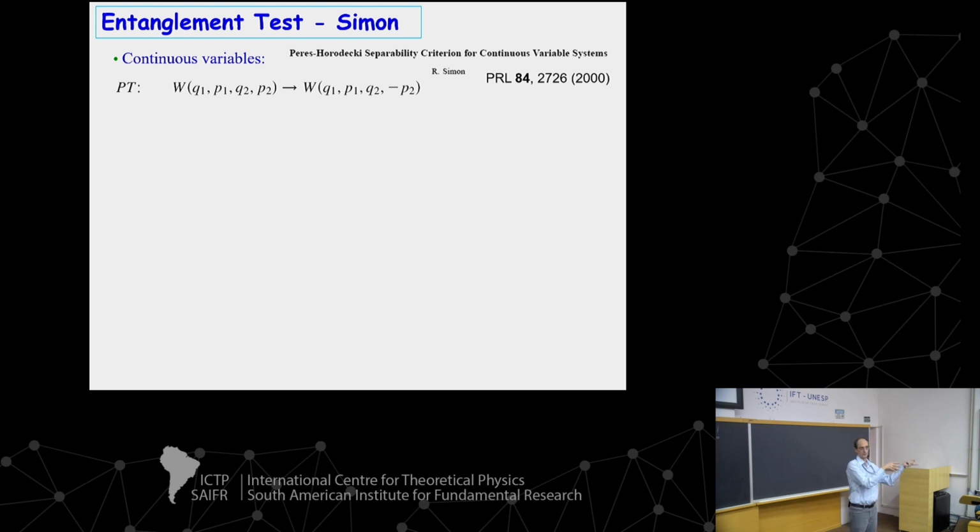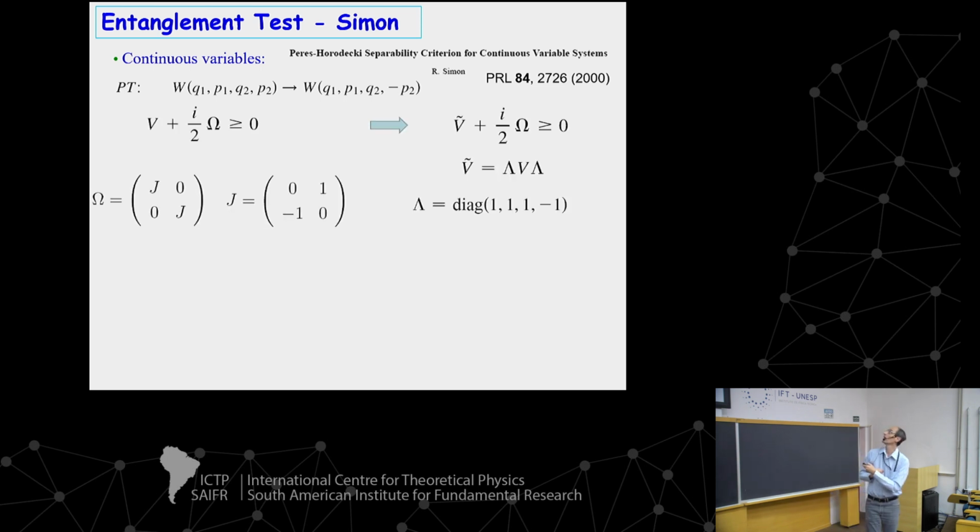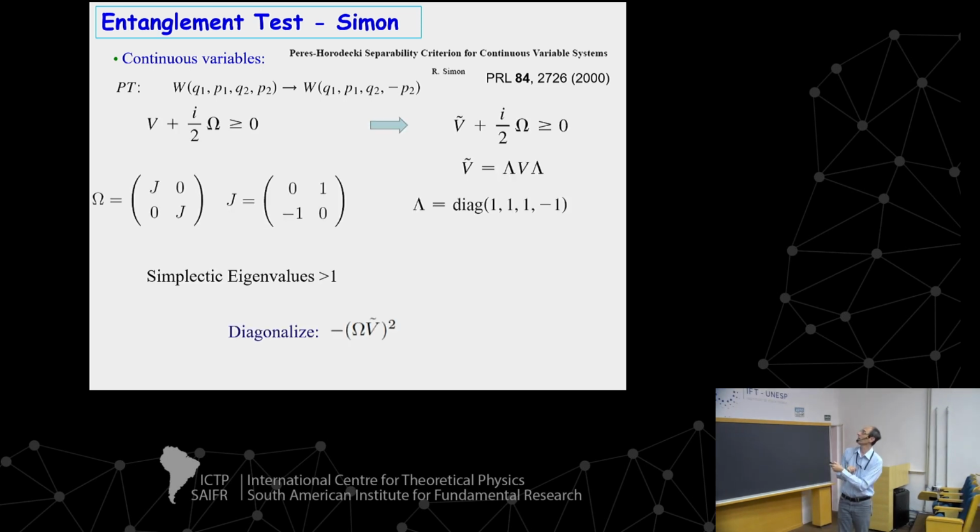You have that 4x4 matrix. You go to a 4x4 matrix involving the variances of the field. And here, Simon made this treatment, so now your physicality of the matrix can be seen as the positivity of this combination here, your variance matrix plus i over 2, this symplectic matrix.